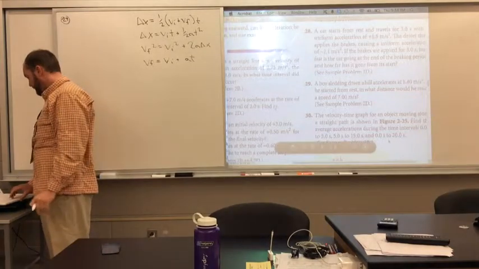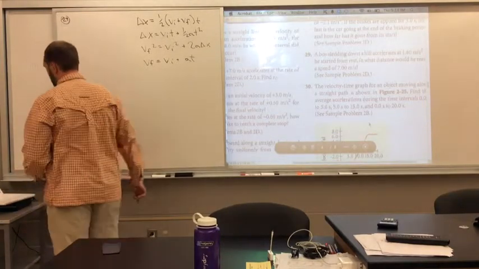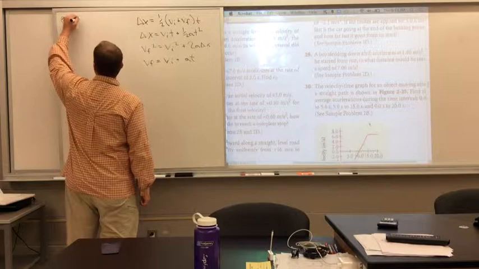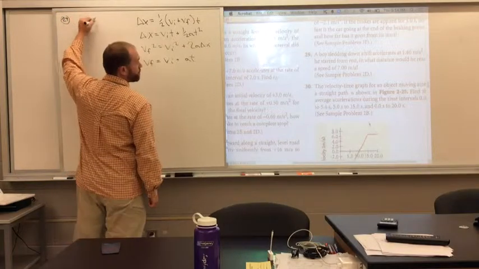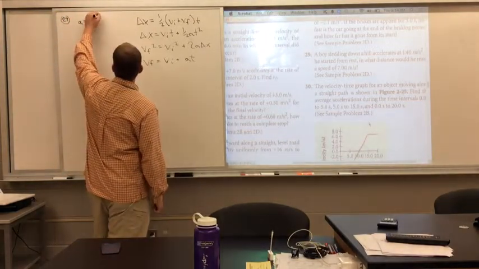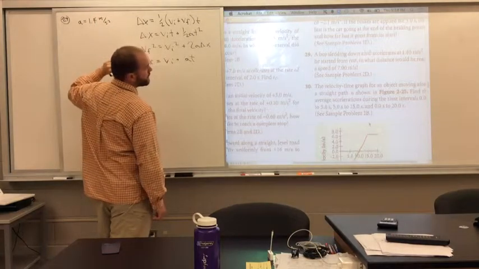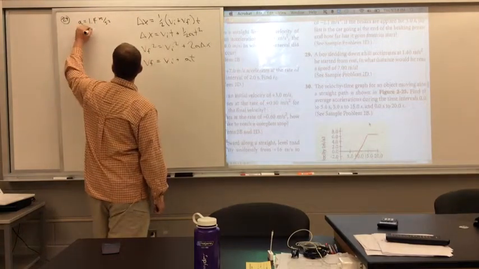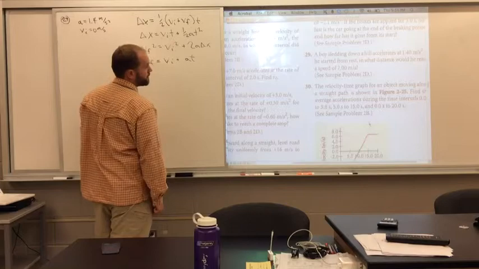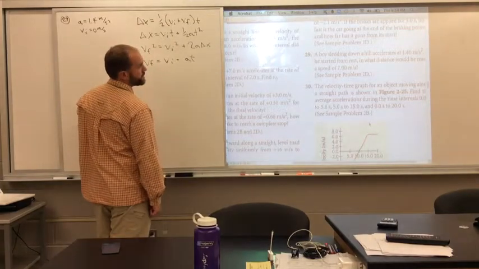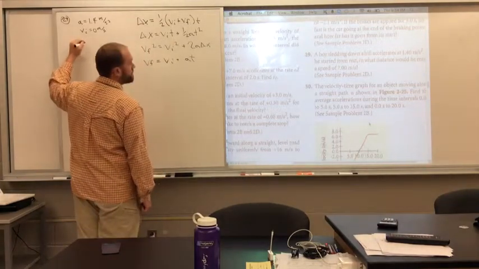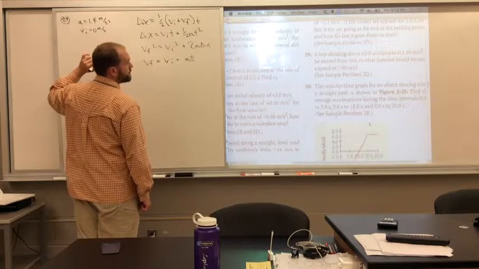A boy sledding down a hill accelerates at 1.4 meters per second squared. He started from rest, so his vi is 0. In what distance will he reach a speed of 7 meters per second?